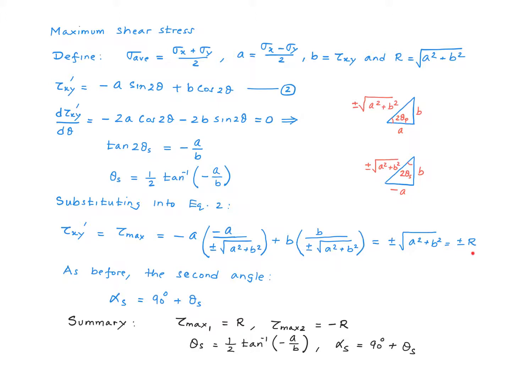Once again, we have two values which are plus or minus r, where r is this right here. Also, just as in the case of the analysis on principal stresses, there is a second angle that is given by this equation. The second angle differs from the first angle by 90 degrees. So here are the two values for the maximum shear stresses, and here are the two values for the directions.